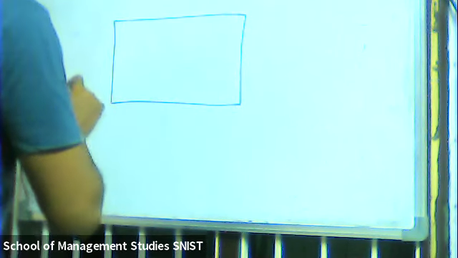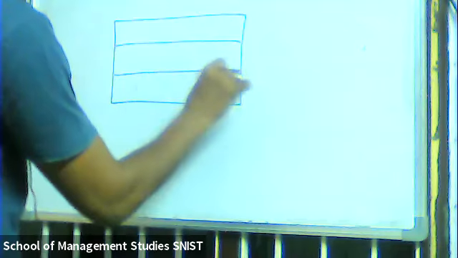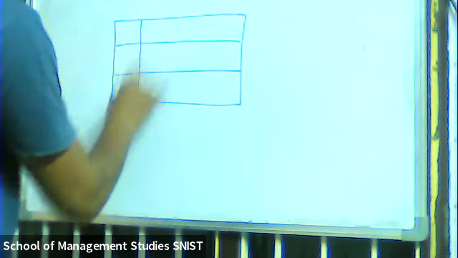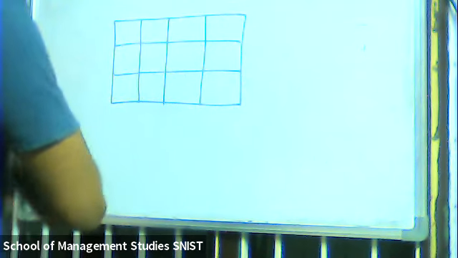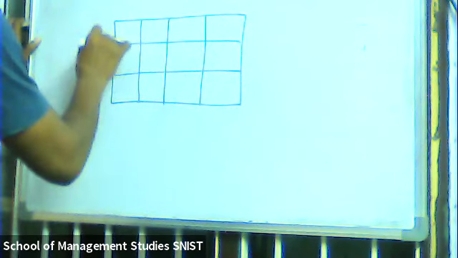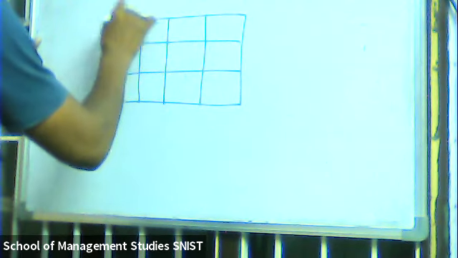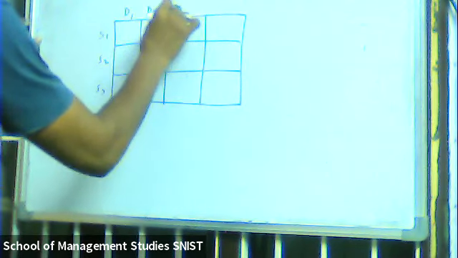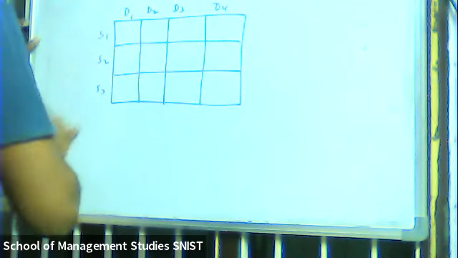So again I'm taking 3 rows and 4 columns. Okay. So this is S1, S2, S3, and this is D1, D2, D3, D4. Okay.